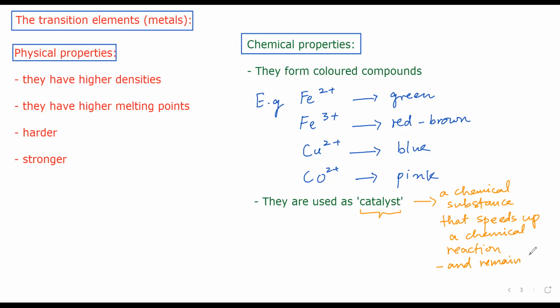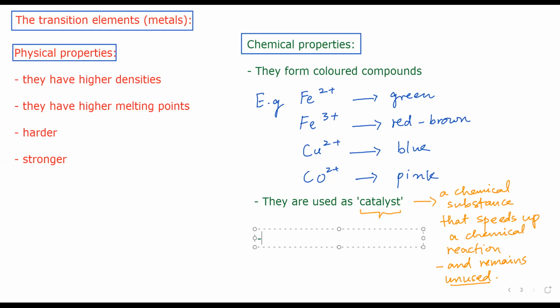It does not take part in the reaction and remains unchanged. So when it remains unused, it can be used again and again. They are used as catalysts, which means they can be used over and over again, which actually makes them economical.